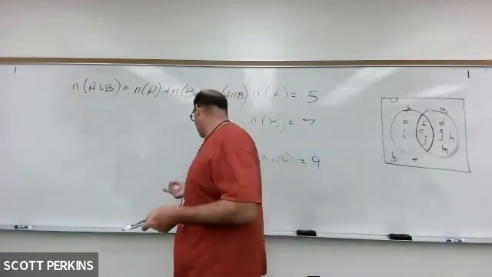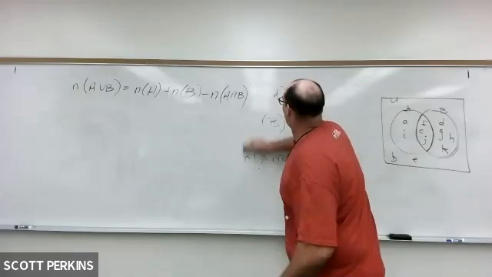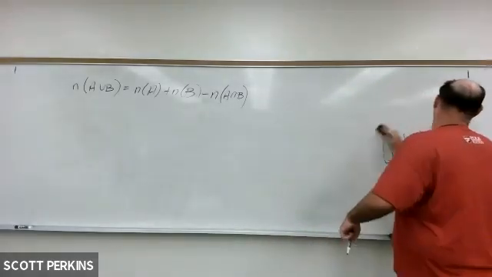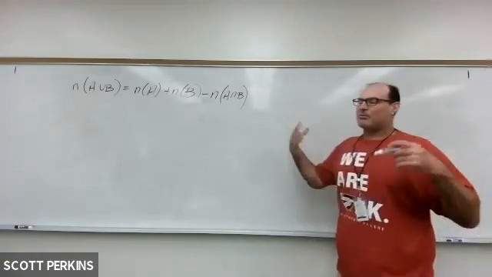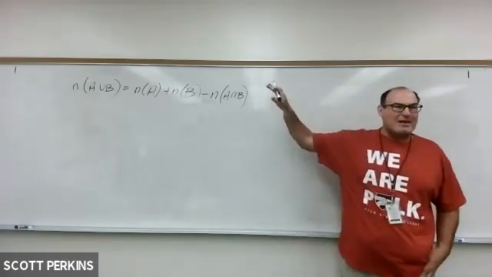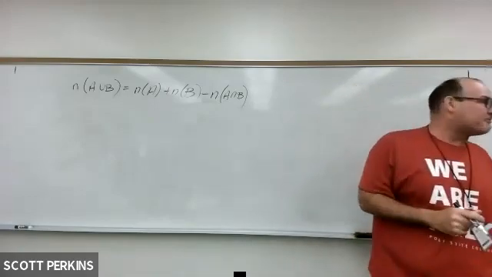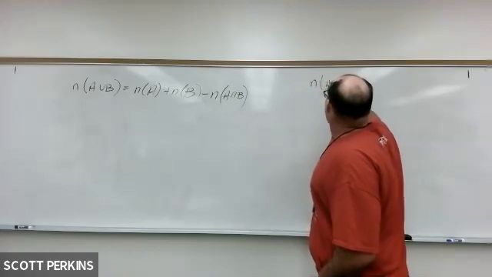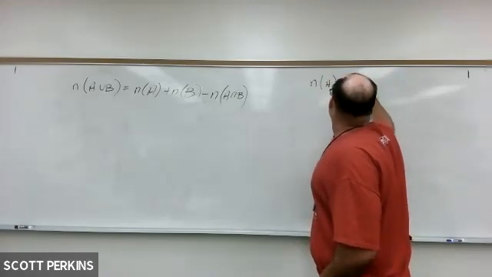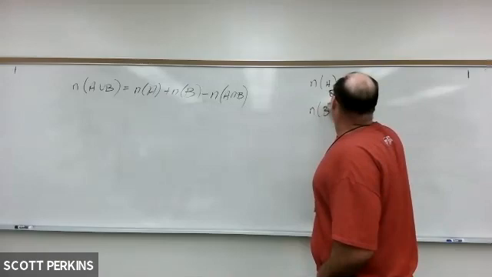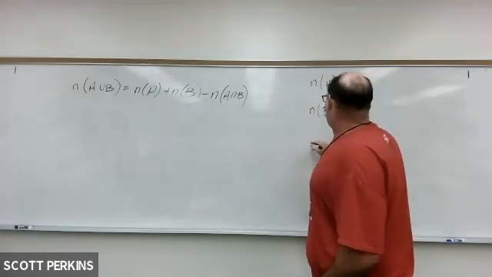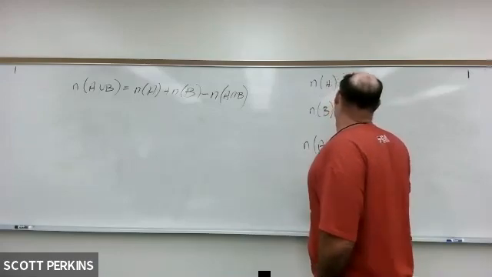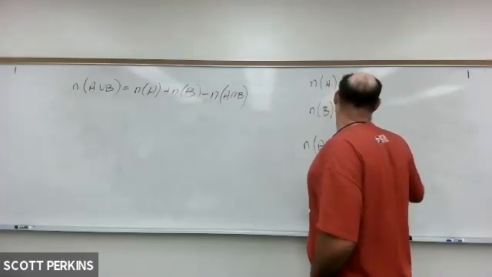So a typical problem that you'll see is just a problem to help you familiarize yourself with this little bit of trivia. Okay, if the number of elements in A is, let's say, 7, and the number of elements in B is 11, and the number of elements in A union B is, let's go, 14.